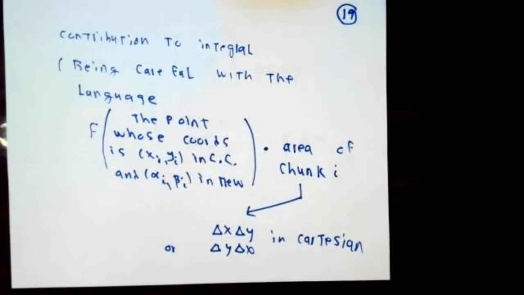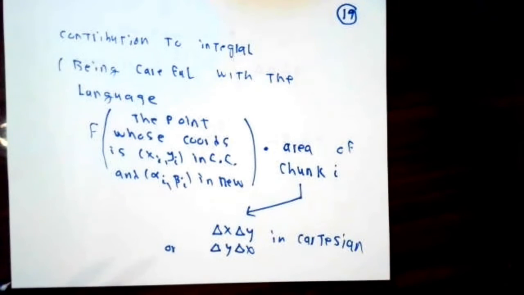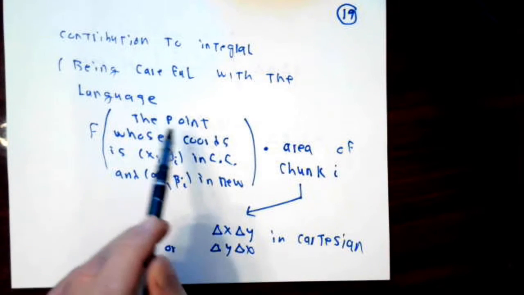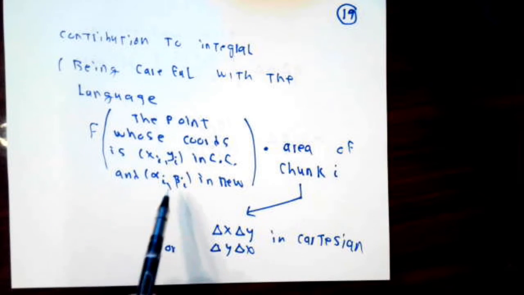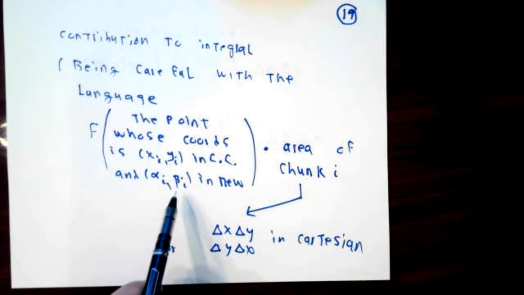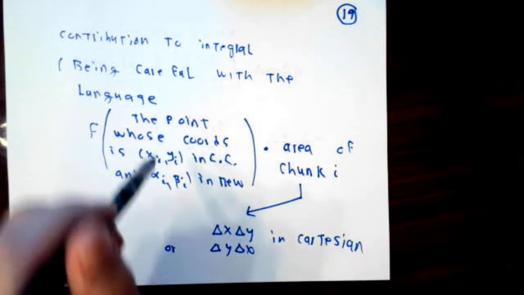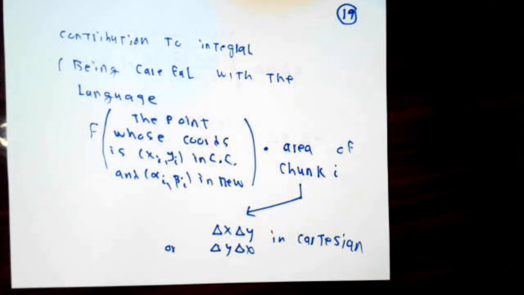So I'm being very talky inside the parentheses here. The contribution to the integral is going to be f evaluated at a point whose x coordinates are xi, yi, and in the new coordinates alpha i, beta i. I'm taking a point and evaluating the function there. The point has more than one description though.